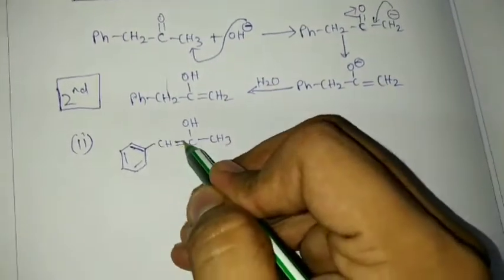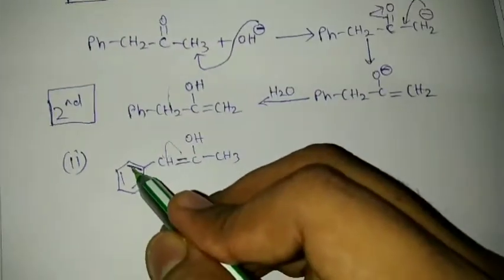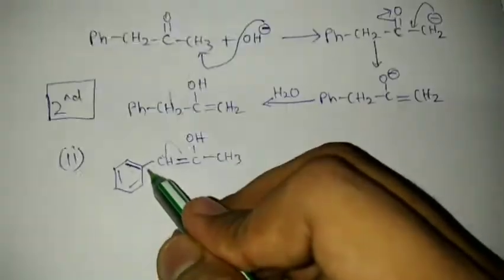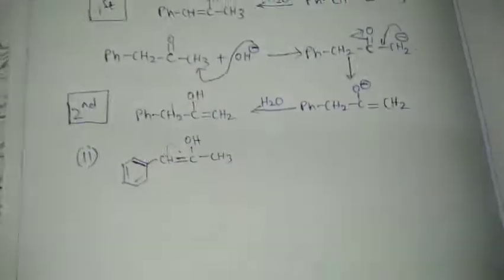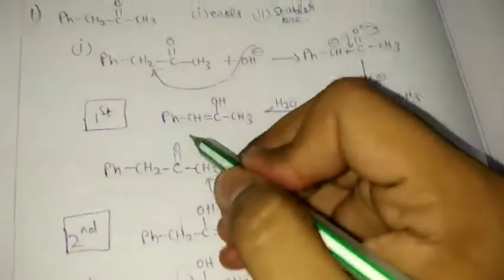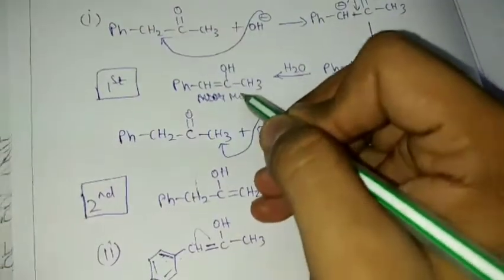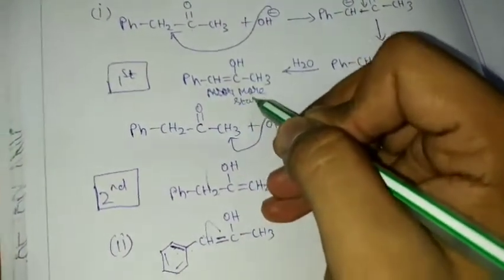Pi sigma pi, so resonance exists, and like this it happens. That is why you can say this is the more stable enol. This first one is the more stable one. So this is the first question.